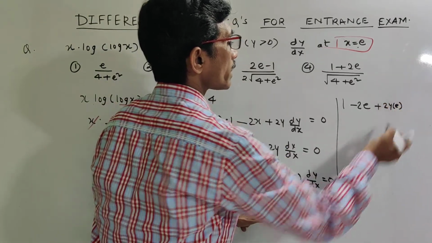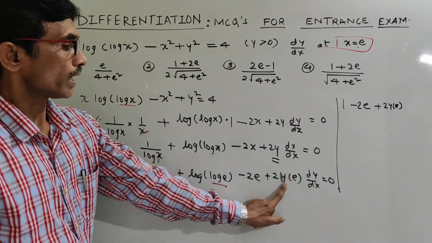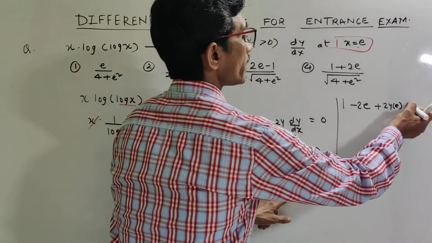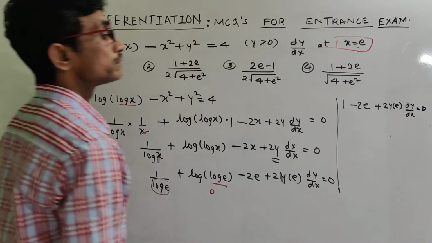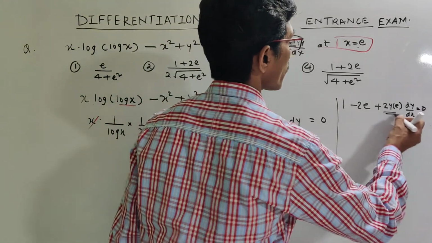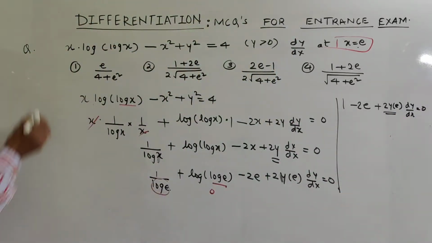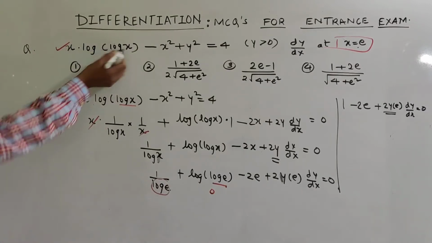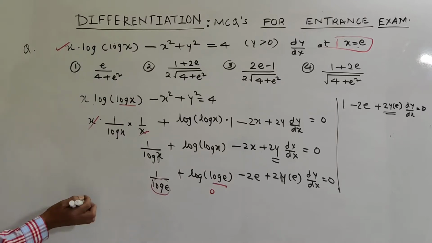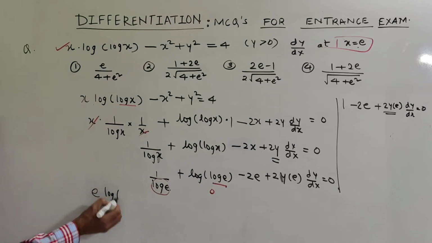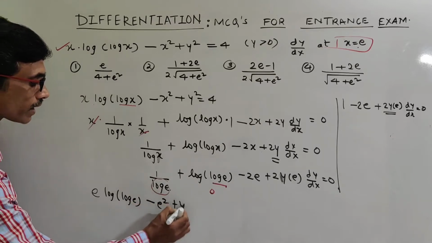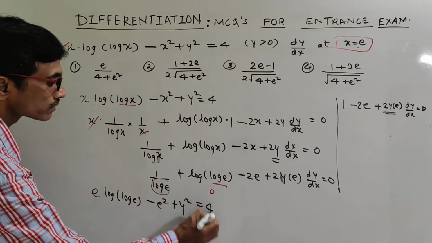2y of e, means when x is equal to e, y is to be found out first, dy by dx is equal to 0. So here in this equation we find y when x is equal to e from this given equation. We put x is equal to e, so it is e log e minus e square plus y square is equal to 4.